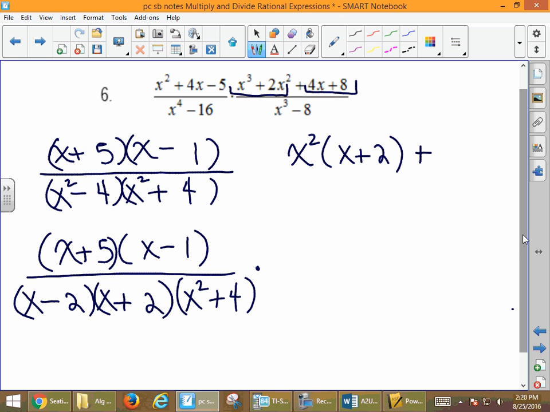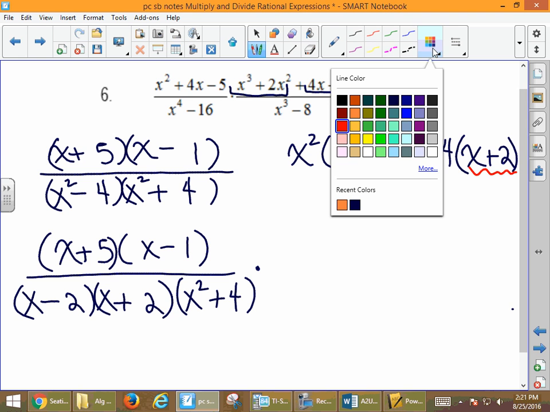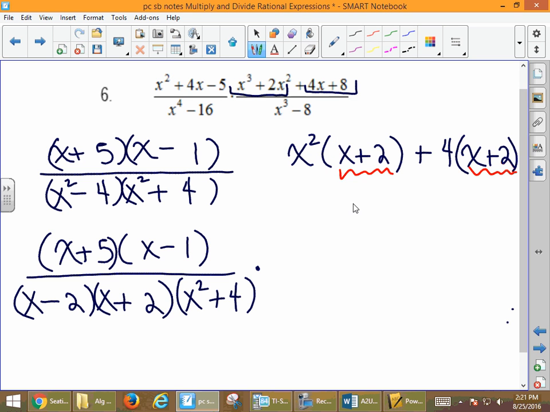There's a GCF in our next group of 4, and we're left with x plus 2 again, which we always hope happens. And then what we see is that we've got x plus 2 here and x plus 2 there. So x plus 2 is in common in both groups. And then we have x squared plus 4. What's left over from the first group? x squared. What's left over from that second group? The 4.